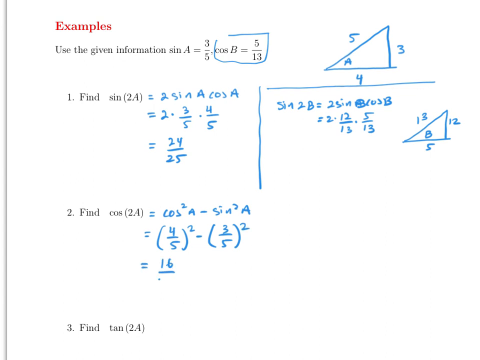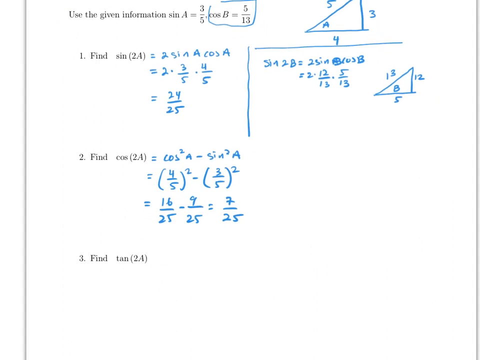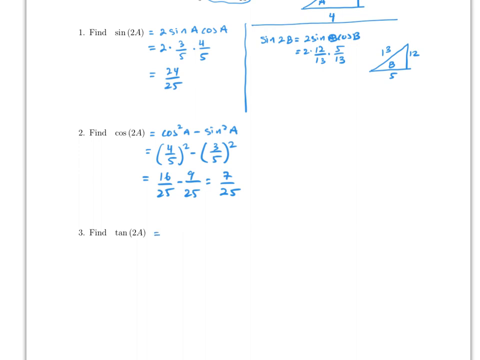So this will be 16/25 minus 9/25, which is 7/25. And then finally, you want to find tangent. Remember, there's no need to use the formula, just use the definition of tangent. So this is sine of 2A divided by cosine of 2A. This will be 24/25 divided by 7/25. The 25 cancels. This is 24/7, and that's it.